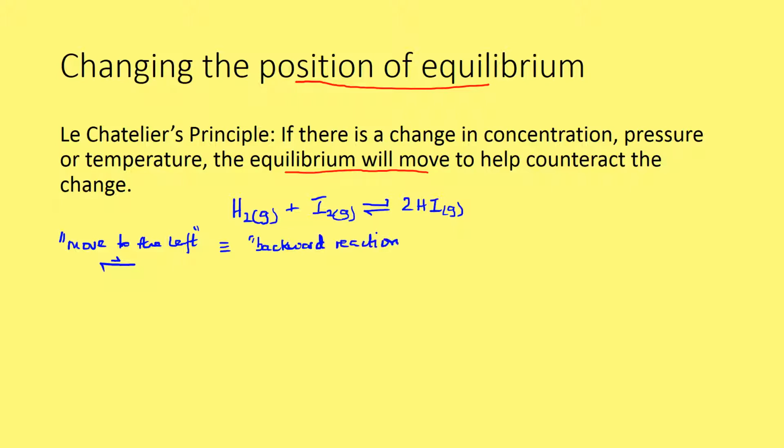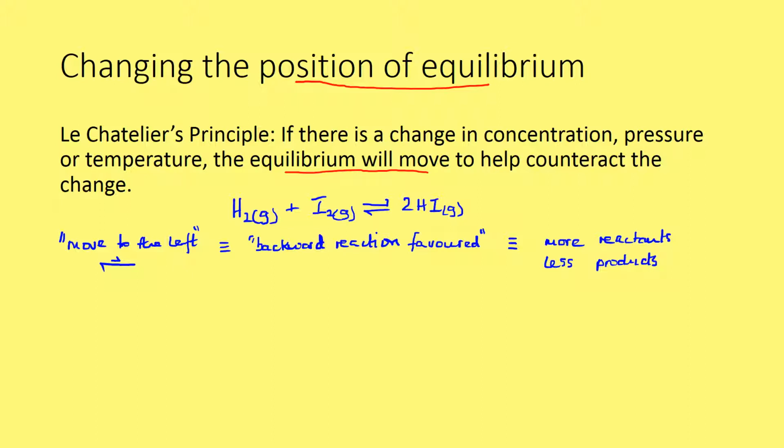Because we've got two reactions going on at the same time. So we'll write the backward reaction is favored. That's the same as saying that. And in terms of reactants and products, what that means is that you're going to have more reactants with this change in position of equilibrium, and therefore less products. So that's moving to the left.